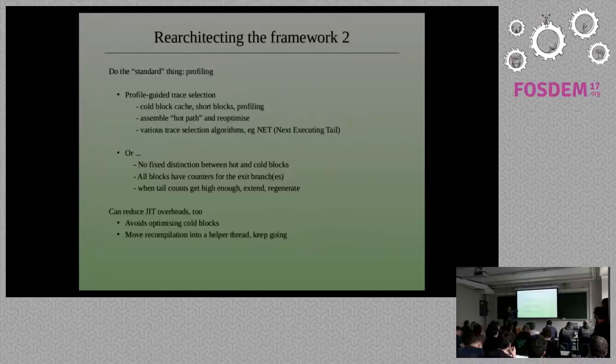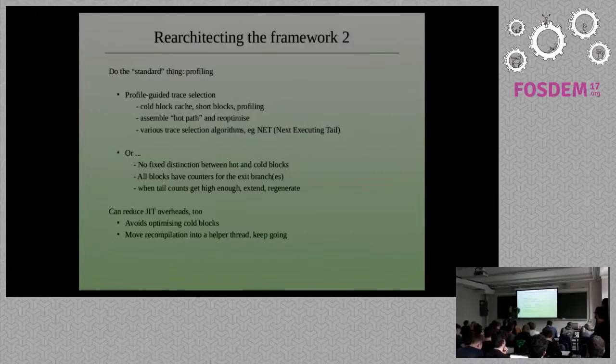So we're going to have a cold block cache and profiling. And after we see some sequence of blocks which have been executed enough times to be hot, then we're going to assemble a hot path, jam them together into a hot path and re-optimize for that particular hot path. This is standard stuff if you know about trace compilation systems.